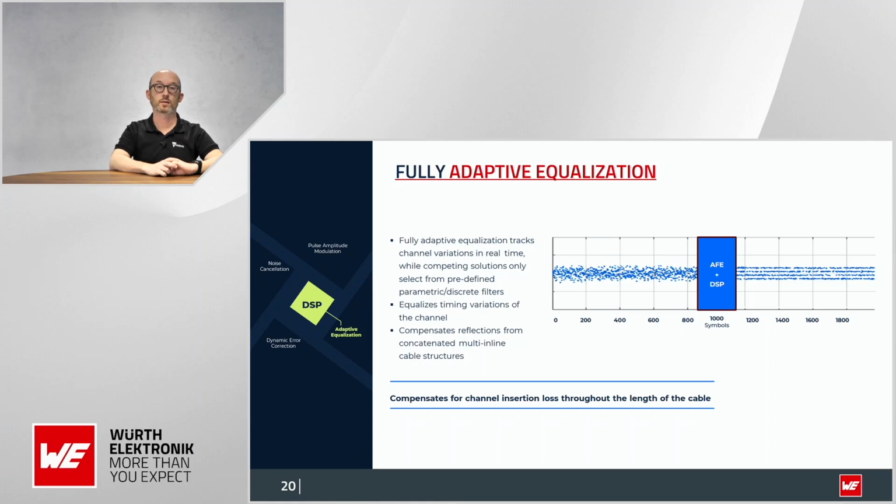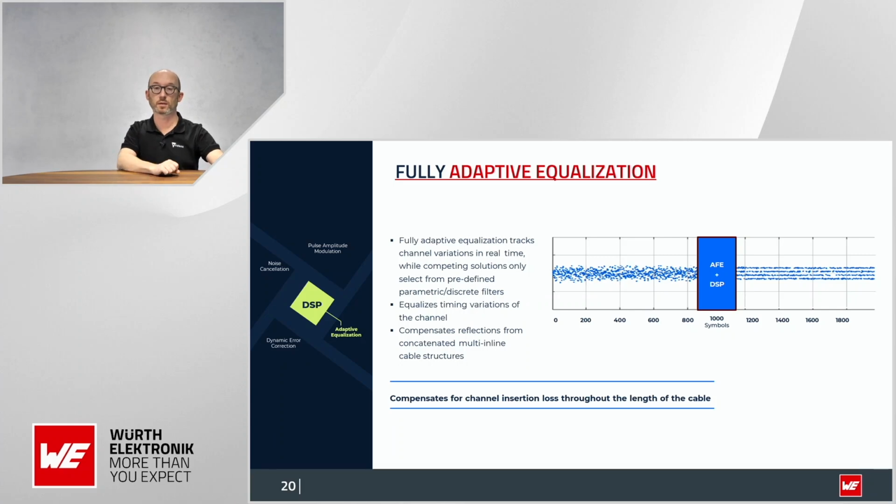The second method is adaptive equalization, which adjusts in real time, compensating for difficulties in the transmission channel. This can equalize variations of the channel and can also compensate for reflections, which you might have in a cable structure with inline connectors or connectors which do not have a steady impedance over the link.